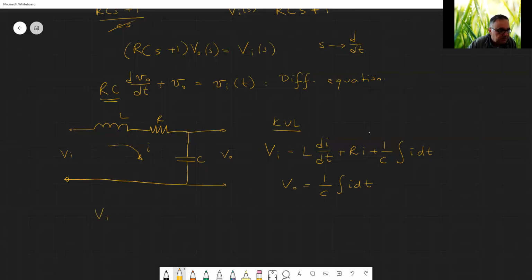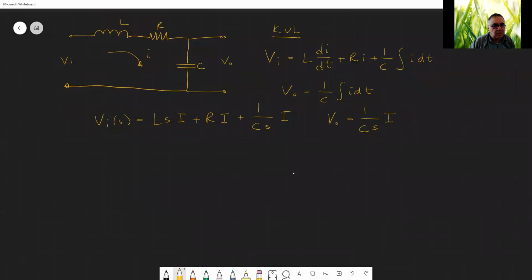Taking the Laplace transform, VI of S is LSI plus RI plus 1 over CS times I. Okay. And VO is, what was it, 1 over CS times I. Again, we can substitute the I term or just divide VO over VI.